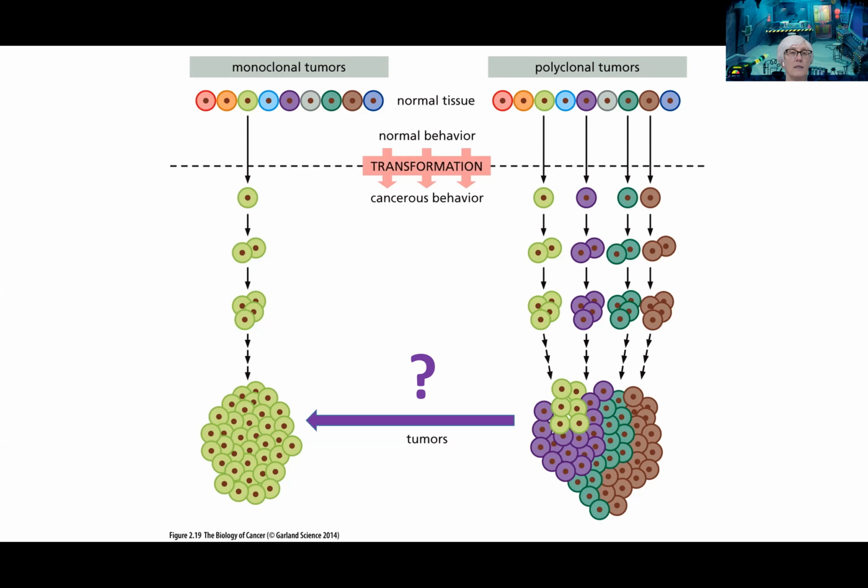Another possibility is that the tumors that we're looking at were only examined for a single thing, like G6PD production or chromosomal translocations. And maybe if we looked at other things, they wouldn't be monoclonal.